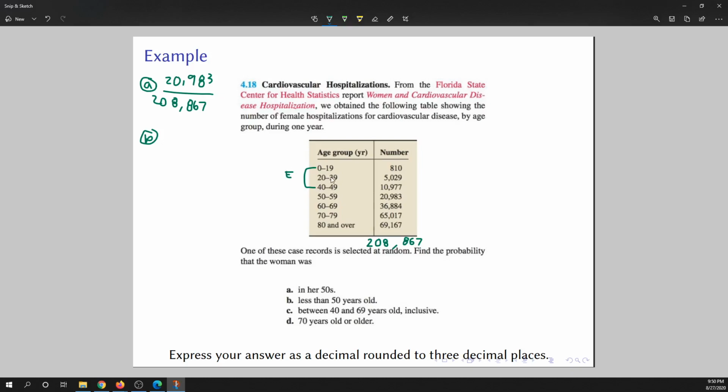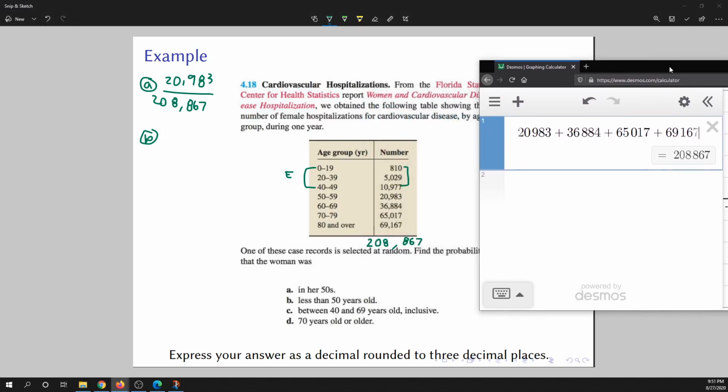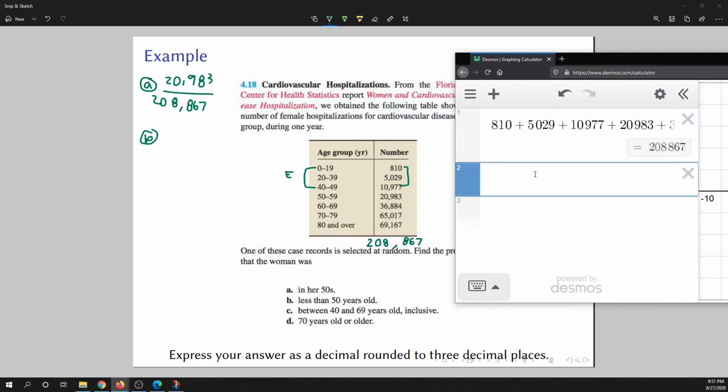Okay, so that's what we would be interested in. All right, and so therefore, what we would do is add these numbers up right here. 810 plus 5,029 plus 10,977.